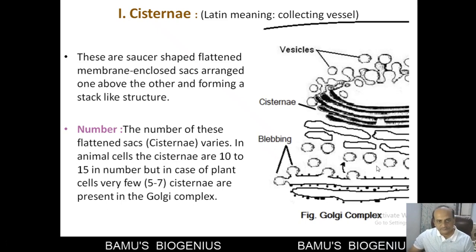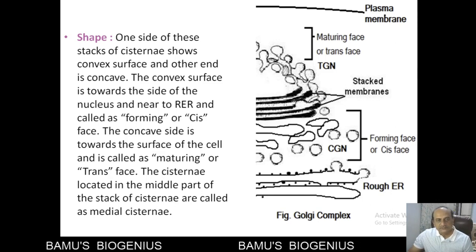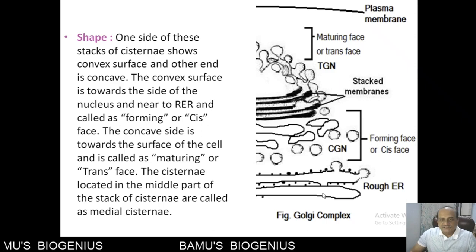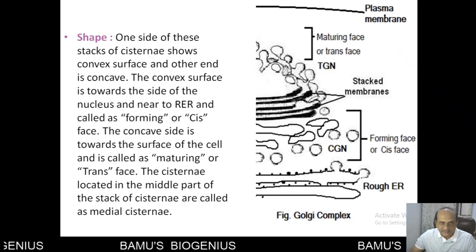Then, if we consider the shape of the Golgi complex, you will find that the Golgi complex has a peculiar type of a shape. It is convex at the one end and concave at the another end.